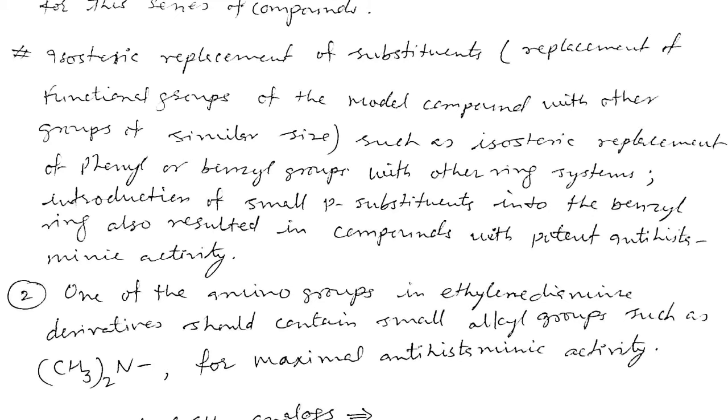So we cannot go for higher bulky group substitution on both nitrogens, both amino groups. Substitutions may take place on one nitrogen. One amine should be substituted by a smaller group like methyl or dimethyl, and the other amine may be substituted by bulky groups or electron withdrawing groups, highly electronegative groups that withdraw electrons.